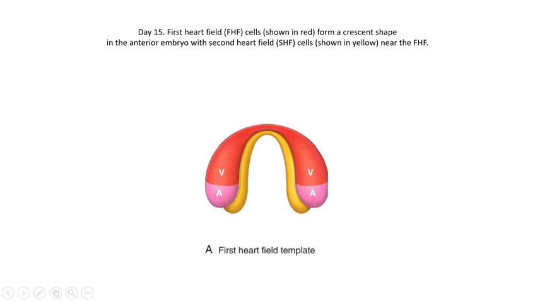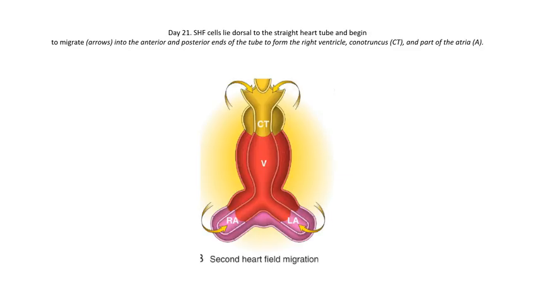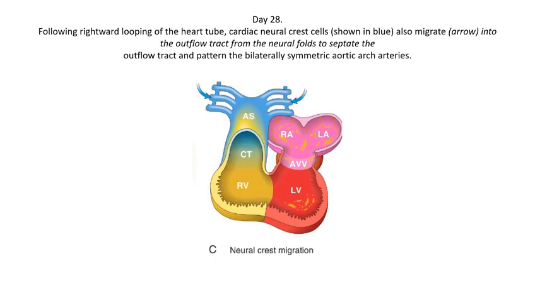This is the first heart field template at about day 15 intrauterine. This is second heart field migration at about day 21 intrauterine. This is neural crest migration at about day 28.